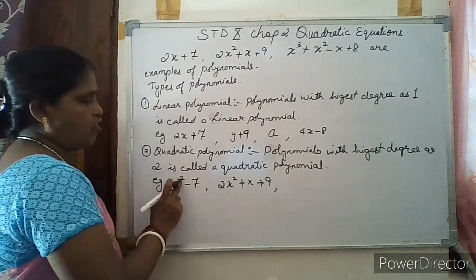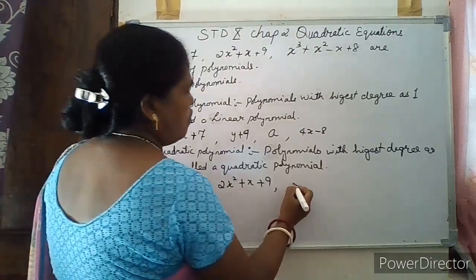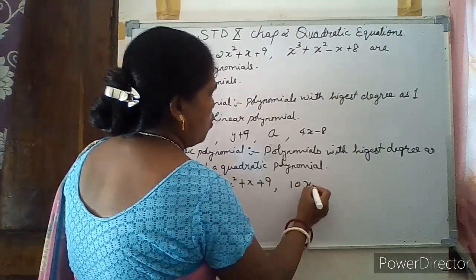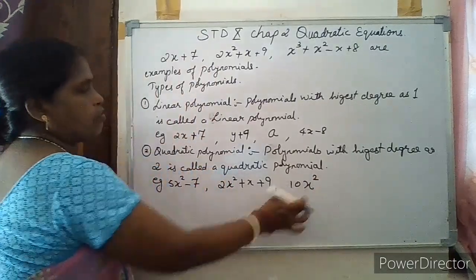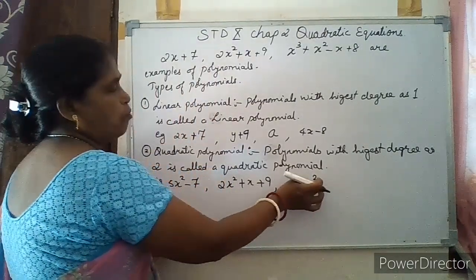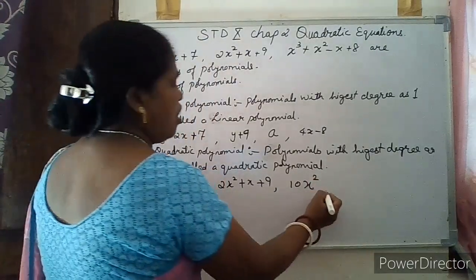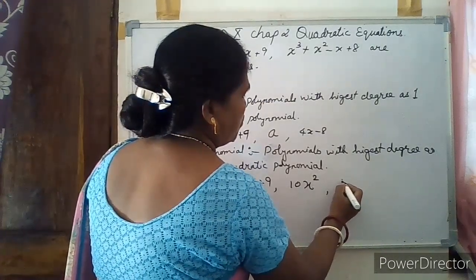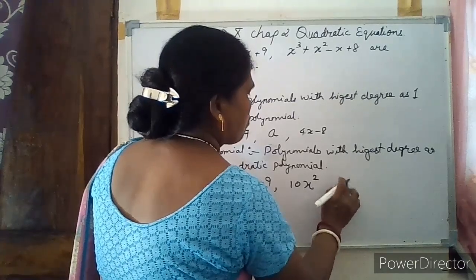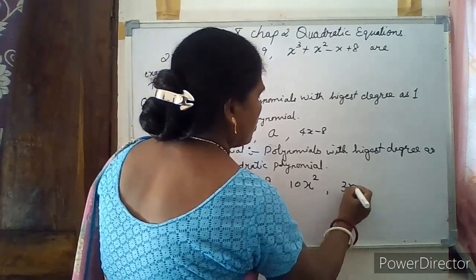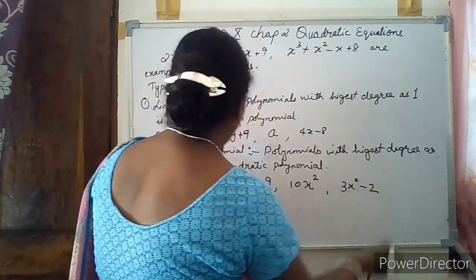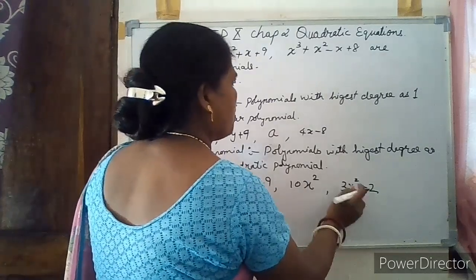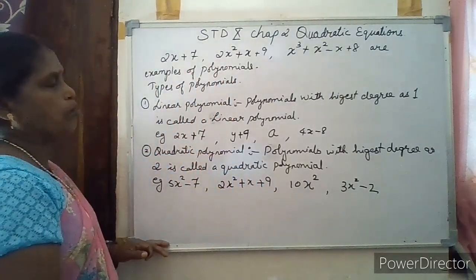If at all it is given only 10x squared, then also highest degree of the polynomial here is 2, so it's a quadratic polynomial. Another example, suppose 3x squared minus 2. This is also an example of quadratic polynomial.